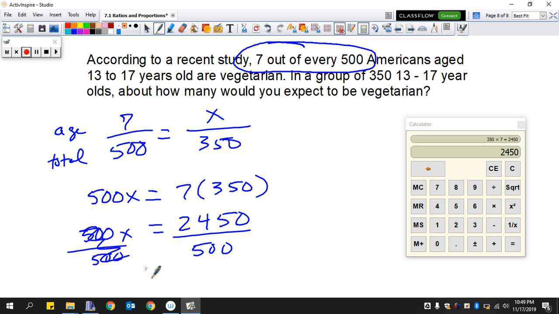So x is equal to 4.9. Obviously we're not going to have a partial person, so we're going to say 4 or maybe 5 13 to 17-year-olds are vegetarian. Because it's almost 5, we could say 4 or 5, but we could say something like that.